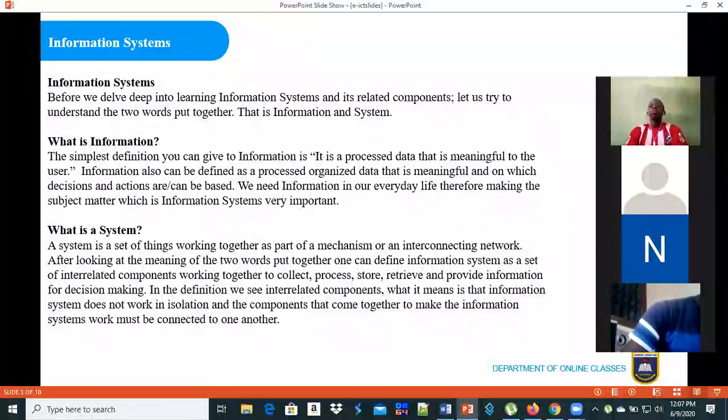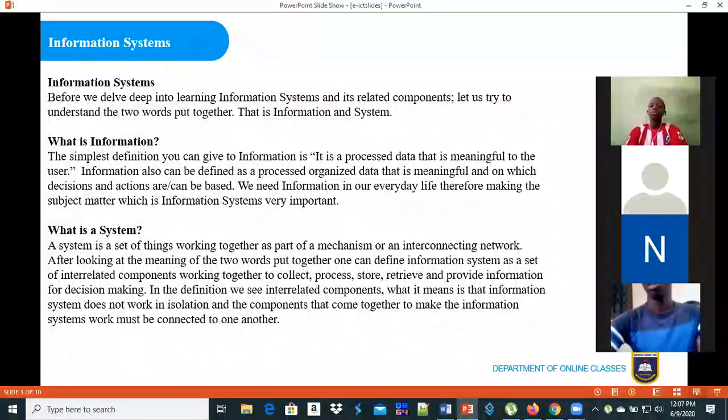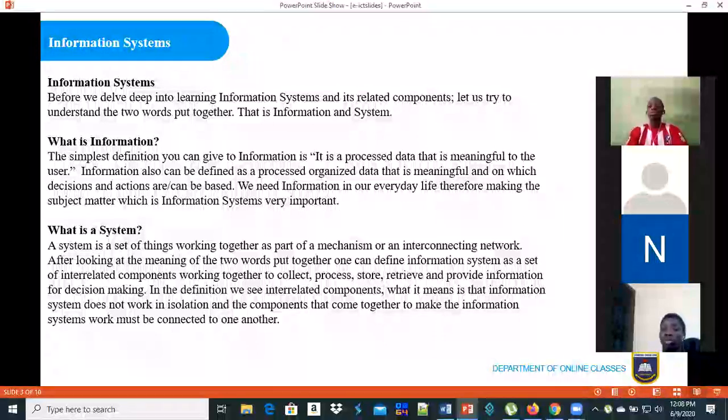Make sure that it makes sense before you retrieve it, and then give out the information from the samples you collected, processed, and stored. So it is very important that when you are defining information system, you bring in the collect, the process, the store, then retrieve, and then finally provide information for decision making.